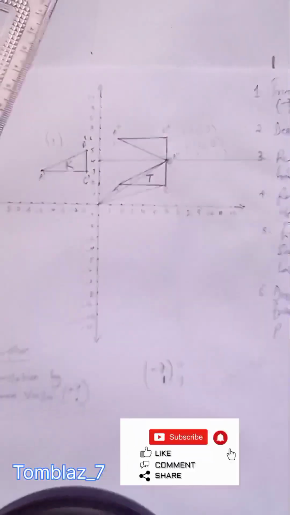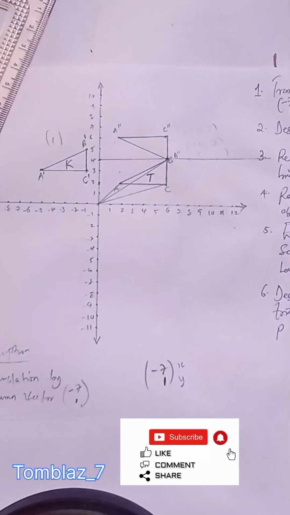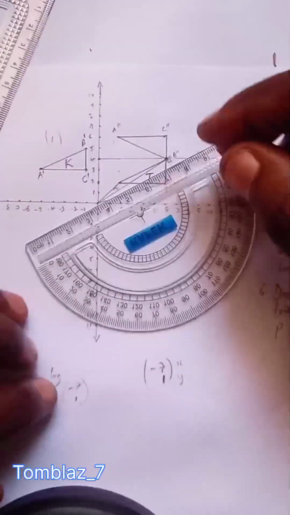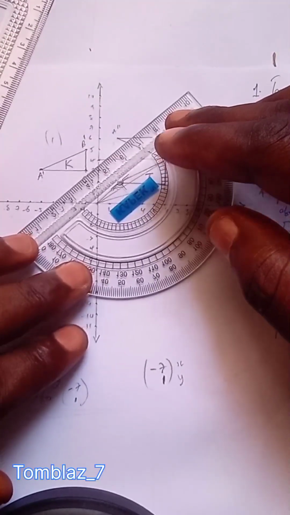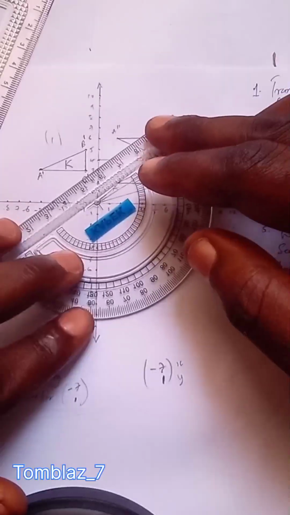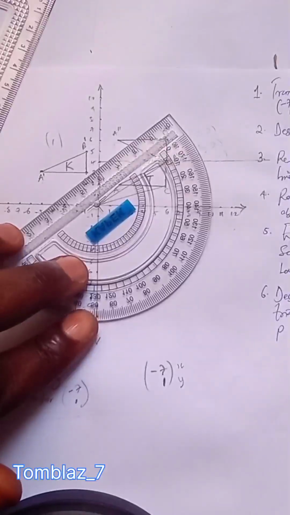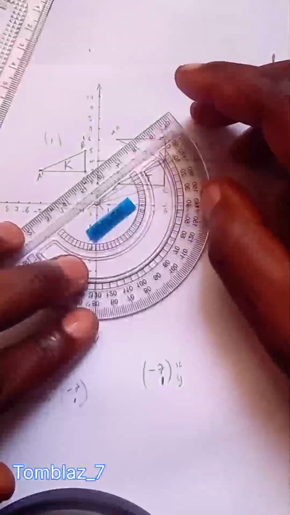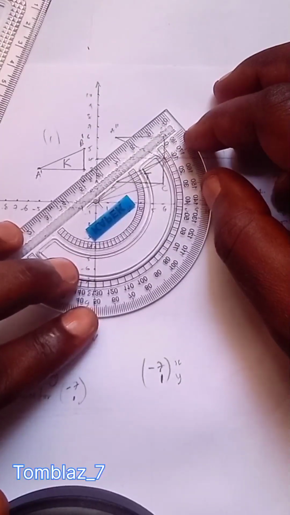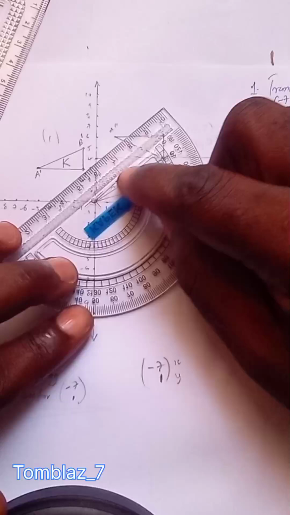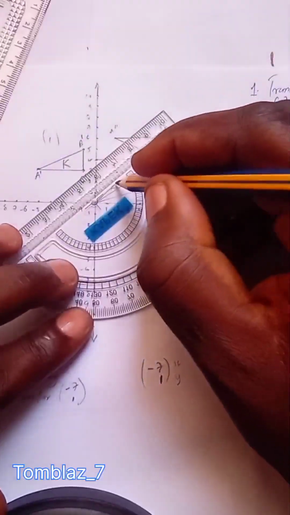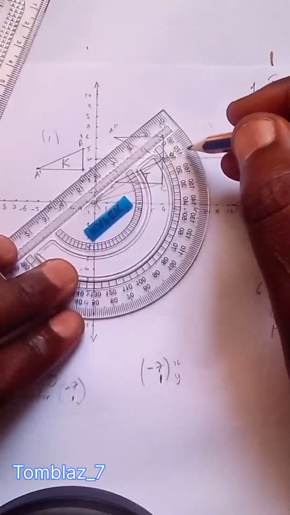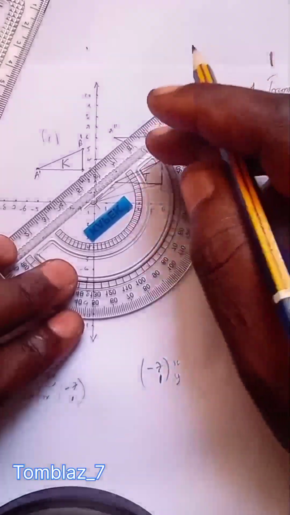All right, so this is why we did that. So first, for A, we have to rotate 90 degrees. So I'm going to be using my protractor. Now, if I put this at this point, I will ensure that this edge will start from 0, which is this line that connects to A, and then I'll pick the 90 degrees rotation, right?